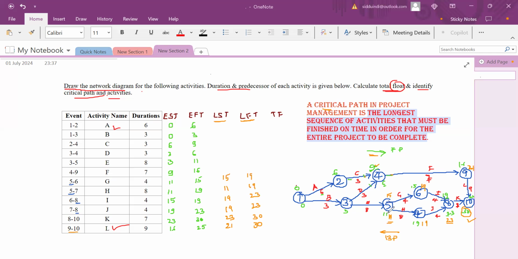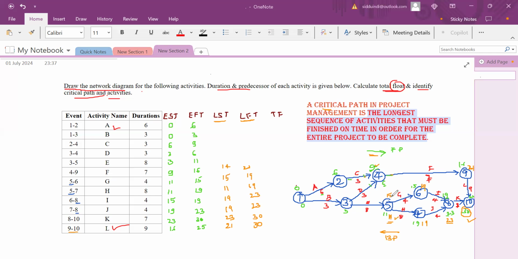Here, in the reverse case, we have to consider the minimum one, which means among 11 and 15, which one is the minimum? 11 is the minimum. This you have to consider. Now for 4 to 9, the latest finish is 21, minus 7 is 14.